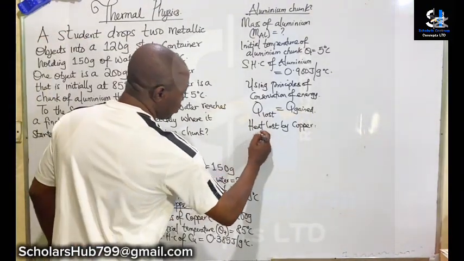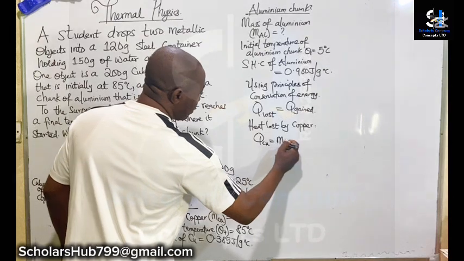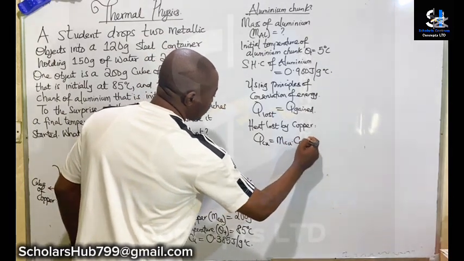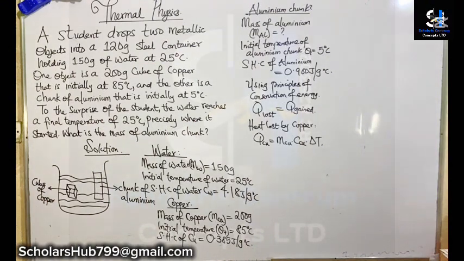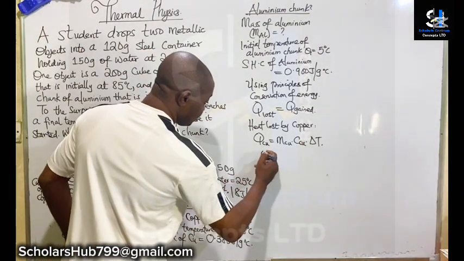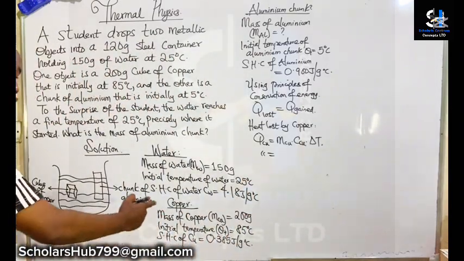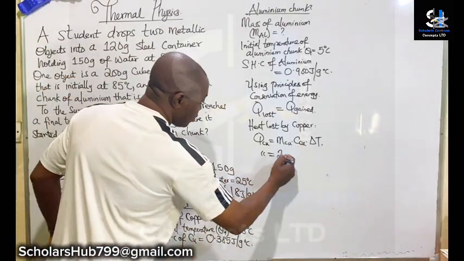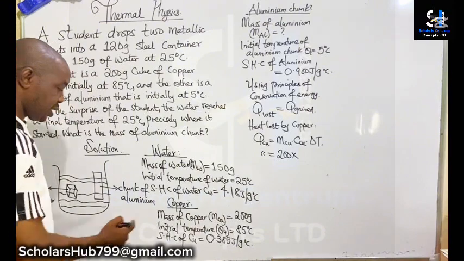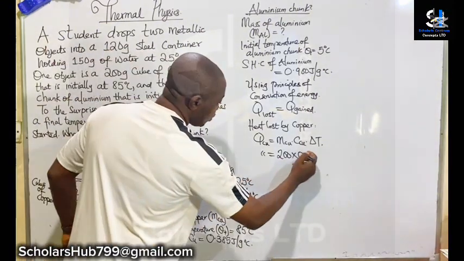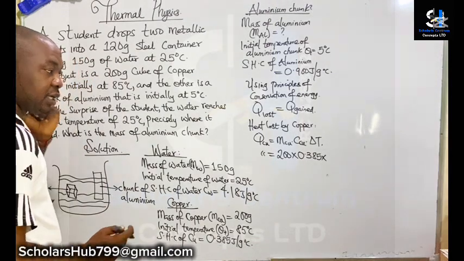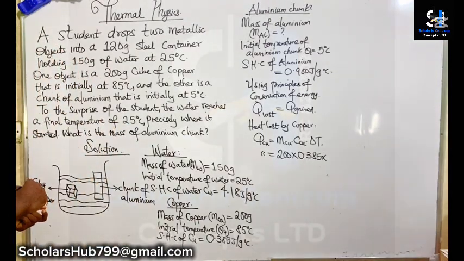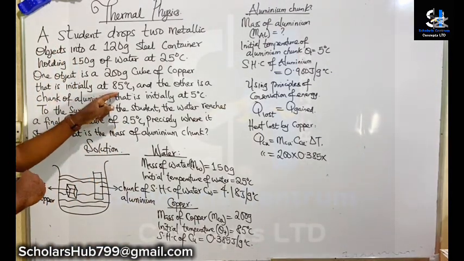Heat lost by copper is the mass of copper multiplied by the specific heat capacity of copper, multiplied by the temperature difference. The mass of copper is 200, the specific heat capacity is 0.385, and the initial temperature of copper is 85 degrees Celsius.